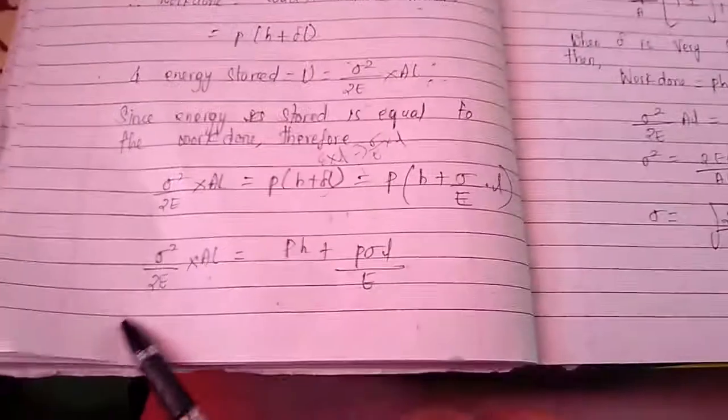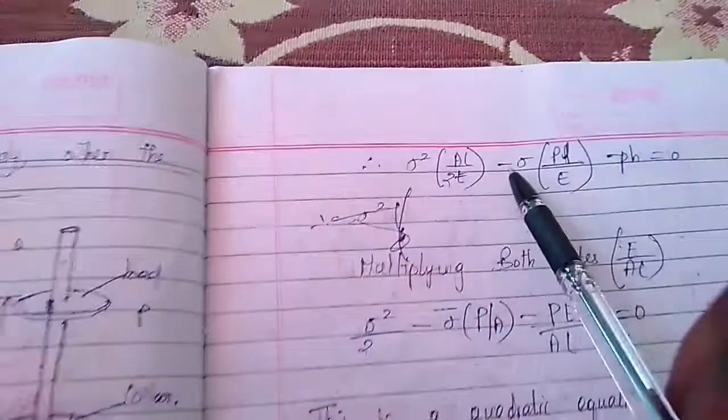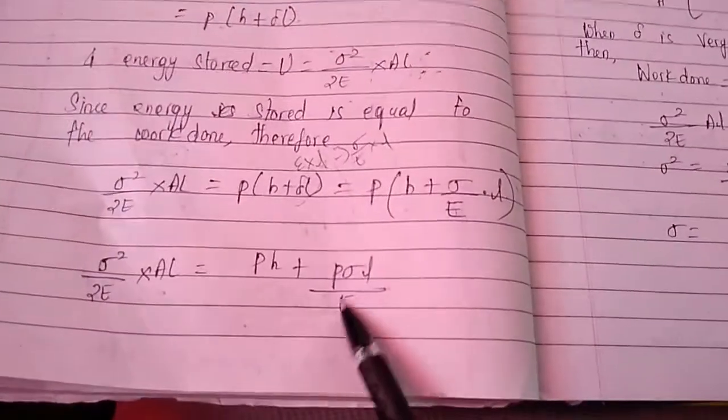So I will teach you. See, sigma squared, take AL by 2E outside, then minus sigma, take PL by E outside, minus PH.